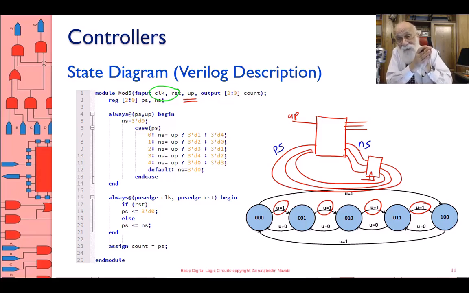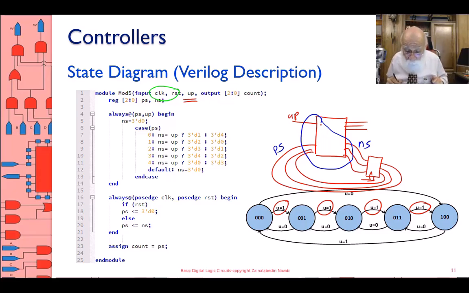The next state is what happens if under certain conditions, under these input conditions, clock arrives. That becomes my next state. Okay, and therefore the input up and the present state together, they decide on what's going to be my next state. My next state won't become my present state until the next clock arrives.